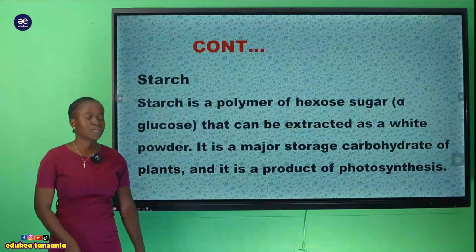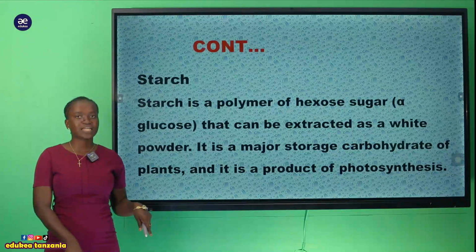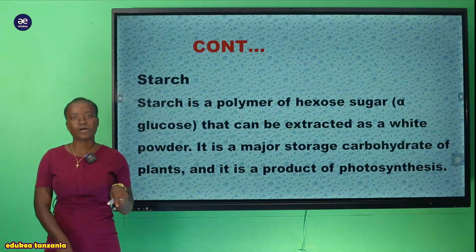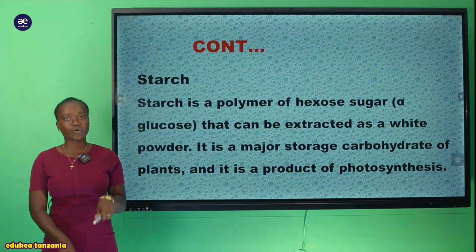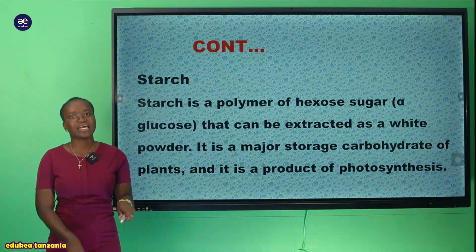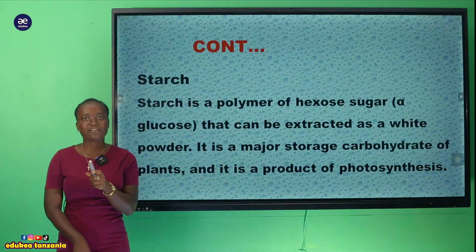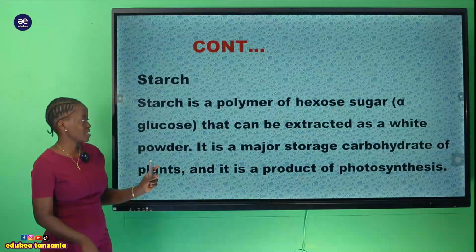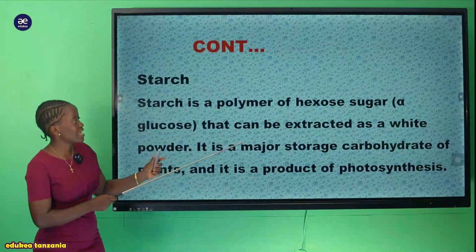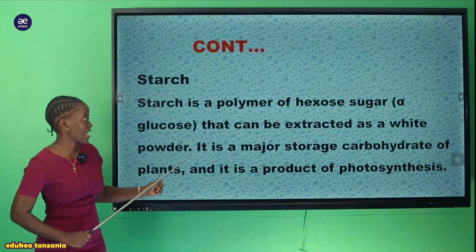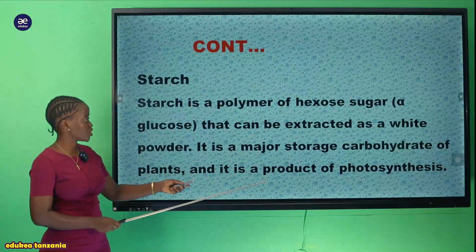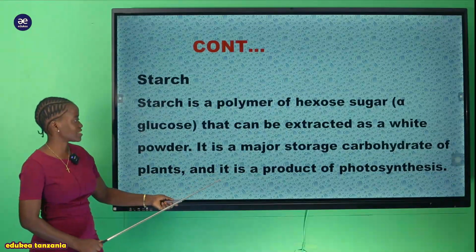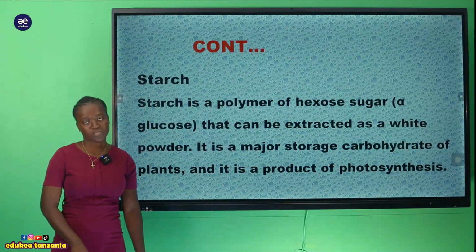What does that mean? This starch is made up of alpha glucose, a hexose sugar called alpha glucose. So we say that it can be extracted as a white powder. It is a major storage carbohydrate in a plant, and it is a product of photosynthesis.